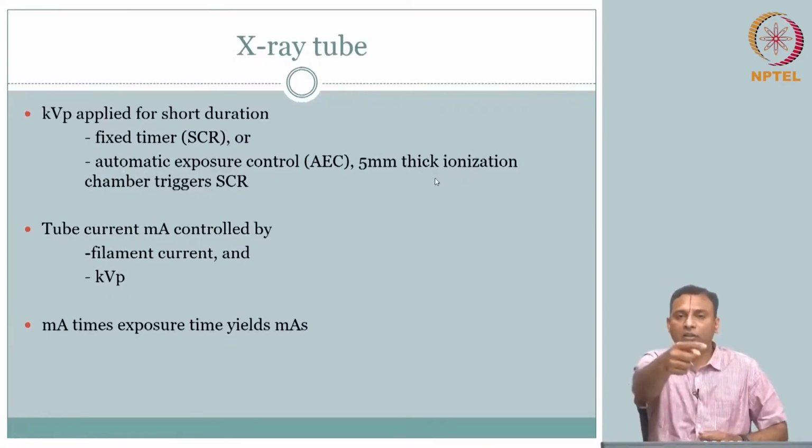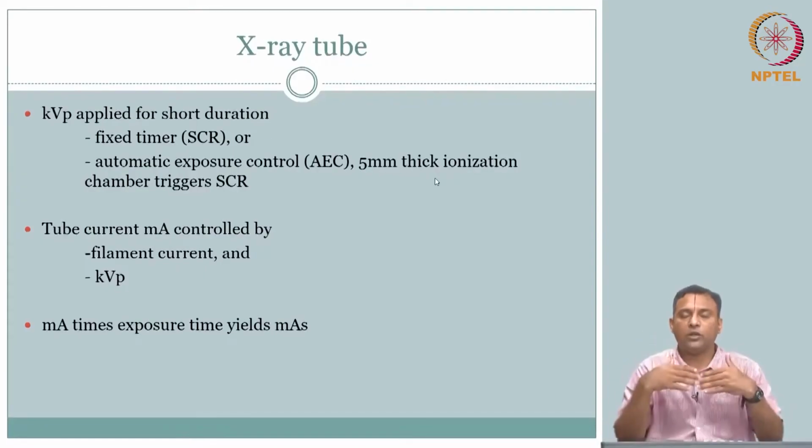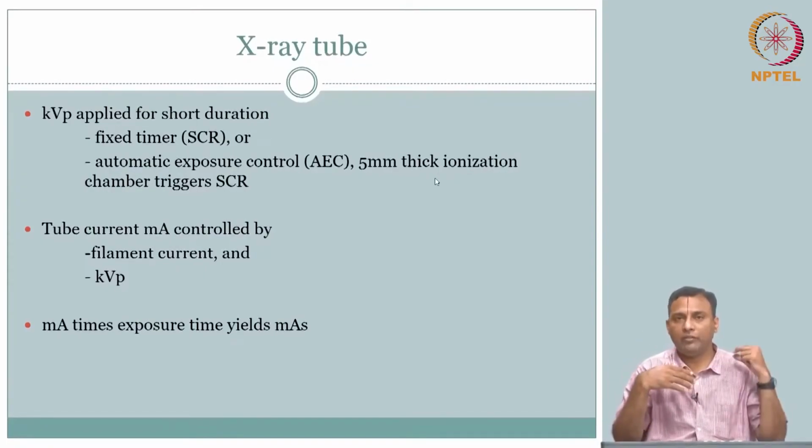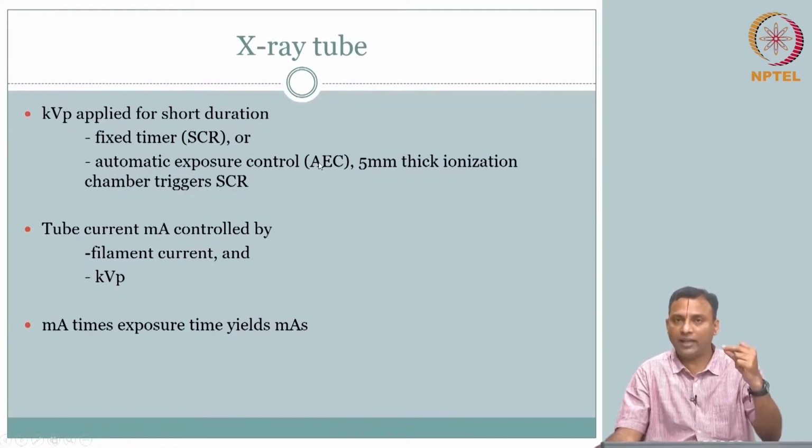So, while you think this is what you are exposing the patient to, you have this automatic exposure chamber beside the patient, and that gets a live reading of what is the ion exposure that is coming. So, if the exposure is high, then it can trigger a shutting down. So, that is based on automatic exposure control.